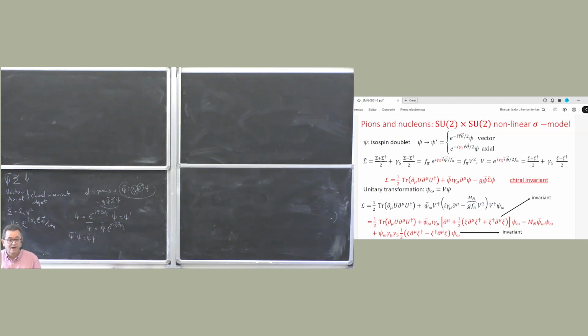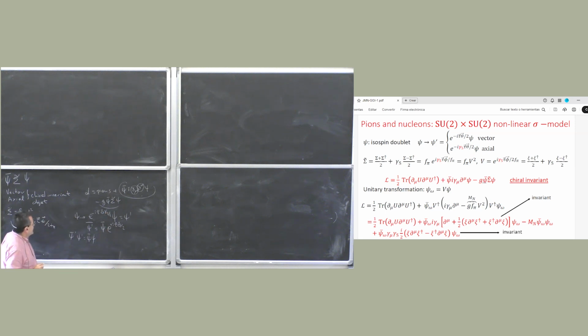Okay, it's trivial. Under an axial transformation, your life is a little bit more complicated because the axial transformation involves the Dirac space because you have the gamma 5 matrix, right? And then you may wonder if this is still true, right? But I think that we discussed what we can do once more just to make it clear.